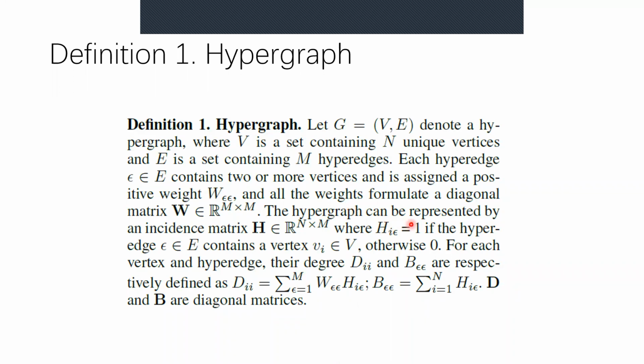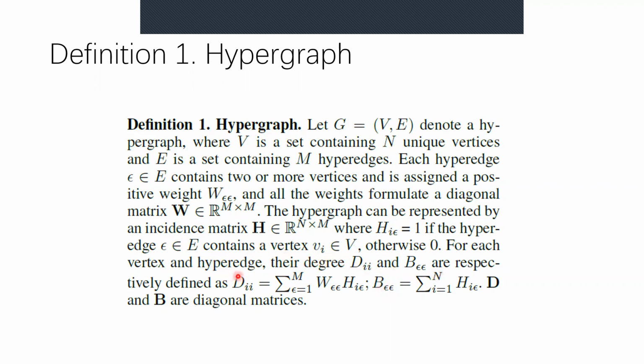The hypergraph can be represented by an incidence matrix H in R^(N times M). N is the number of vertices, and M is the number of edges. Basically, H_i,epsilon equals 1 if the hyperedge epsilon contains a vertex v_i, otherwise it's 0.